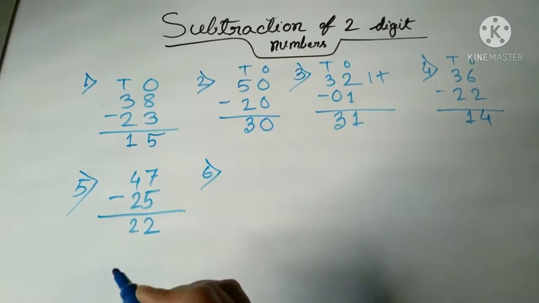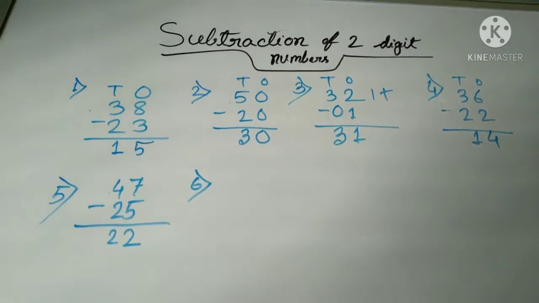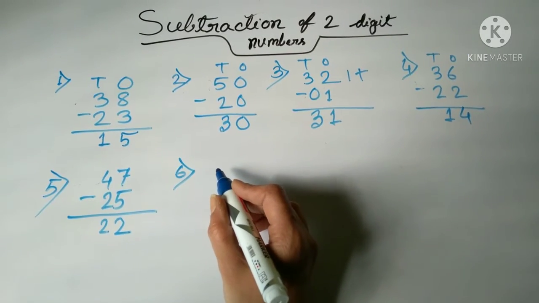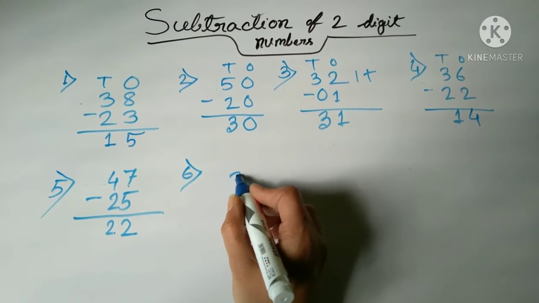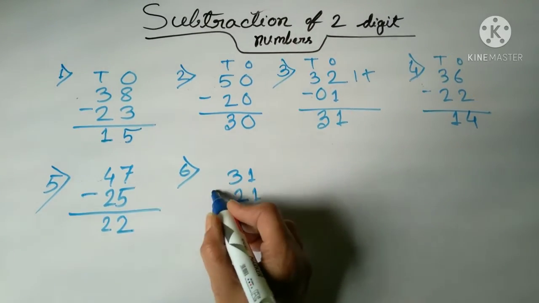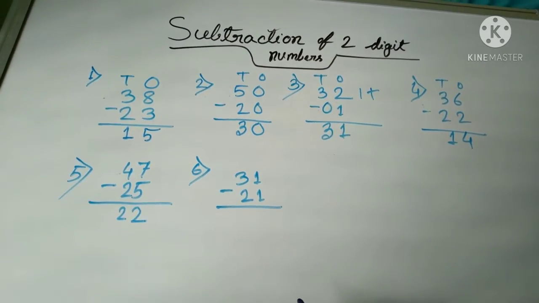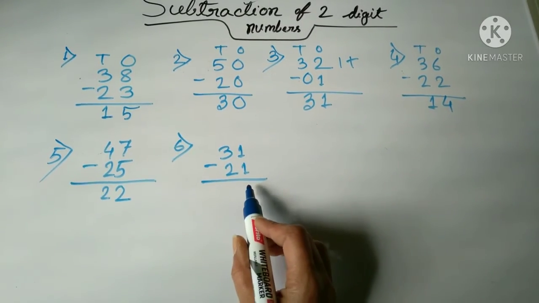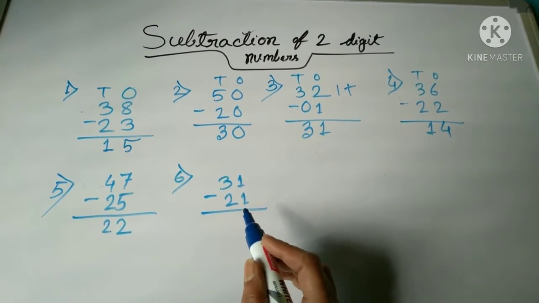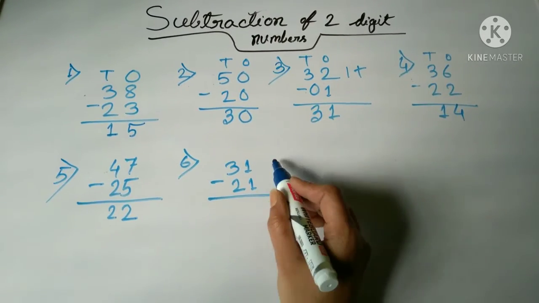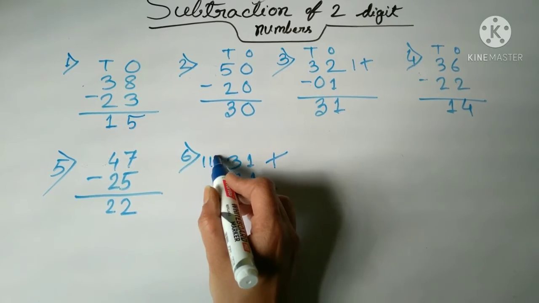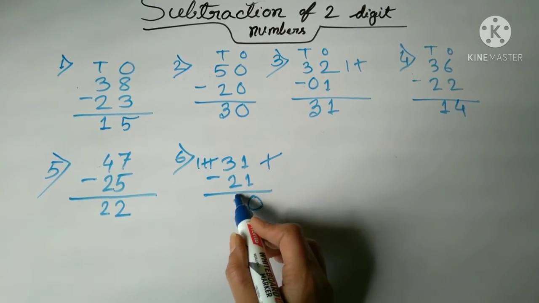Next, number 6. 31 by 21. Now see, 1 by 1. 1 minus 1 is 0. 3 minus 2 is 1.